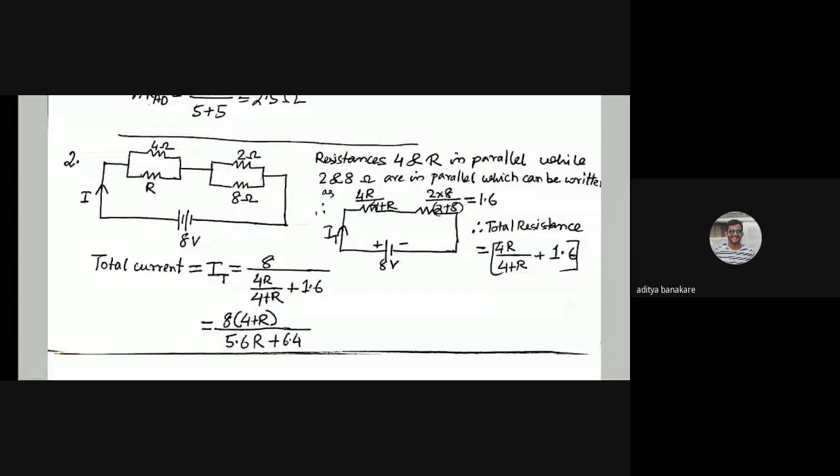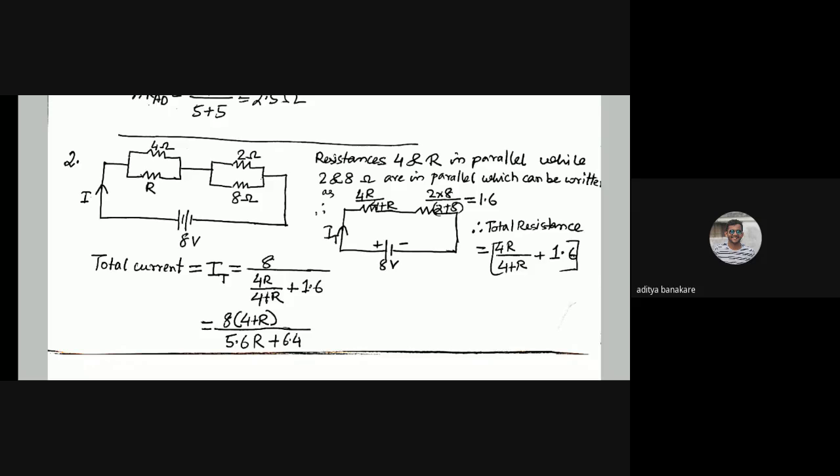The value of voltage is 8 volt in this circuit. So 8 is V divided by the total equivalent resistance that we just found out. We put this equivalent resistance in the denominator, and in the numerator the voltage. So we find the total current IT equals this value.